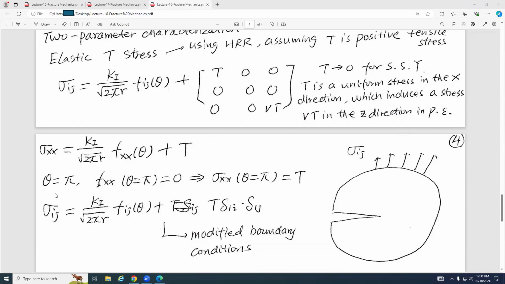However, when theta equals pi, what does that mean? This is x and this is y. So here is theta equals pi, and theta equals negative pi. That means theta equals pi is the top crack face.